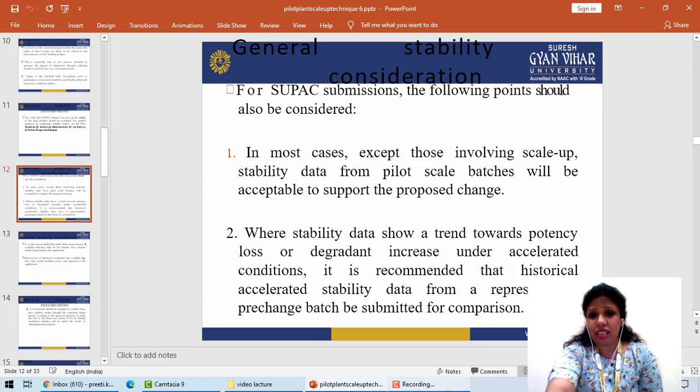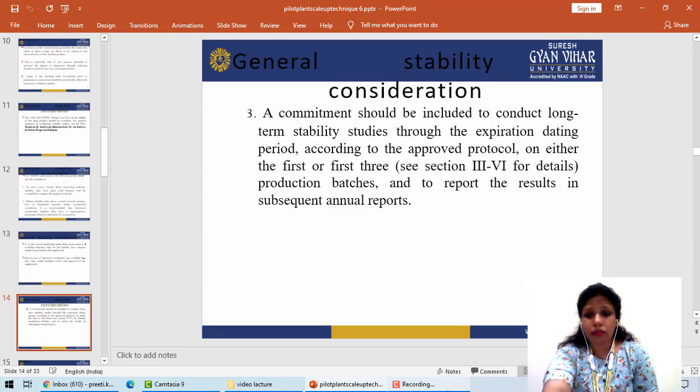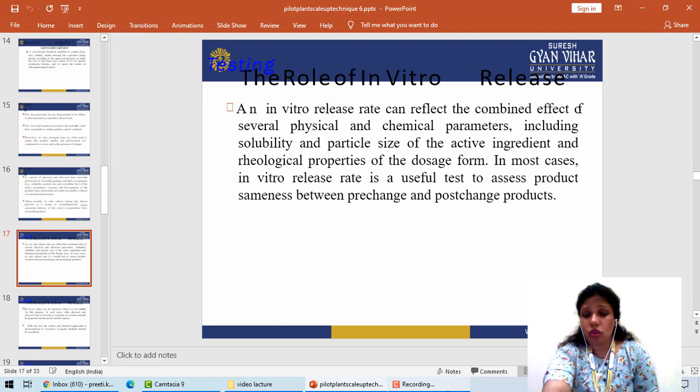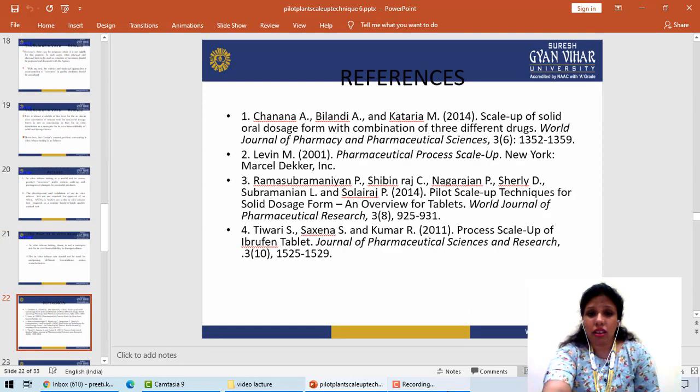So we have discussed general guidelines, general stability consideration which we need to submit in the SUPAC. Other than that, we have discussed the general stability consideration, testing, and the role of in vitro release testing in different fields. Okay, so these are the things we have discussed in today's lecture.